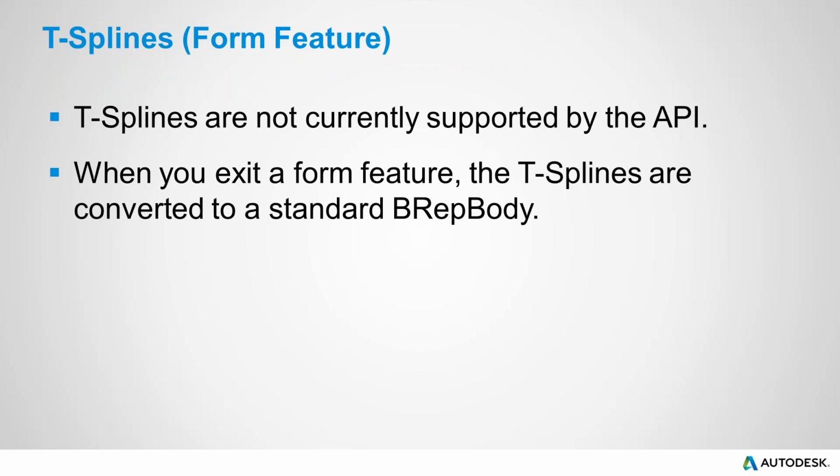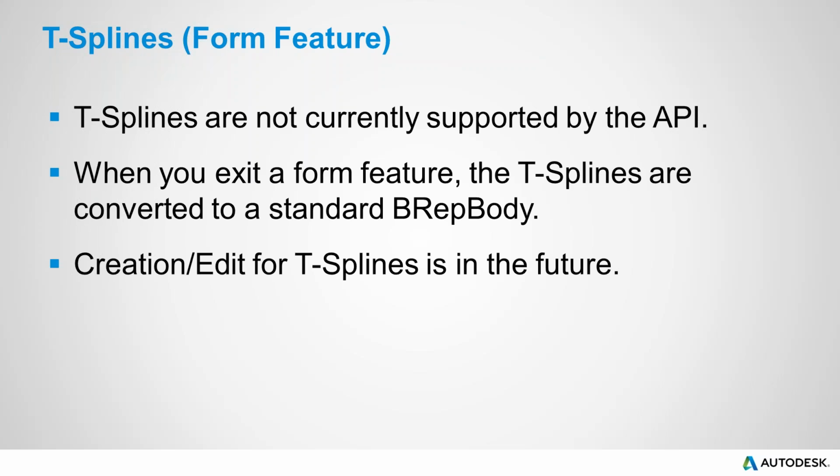Once you're in the standard parametric environment, that's just a standard BREP body that you can interrogate just as if it was created any other way. So even though T-Splines themselves aren't supported, the result of the T-Splines is supported, and you have complete access to querying those. As I said, support for T-Splines is planned sometime in the future.